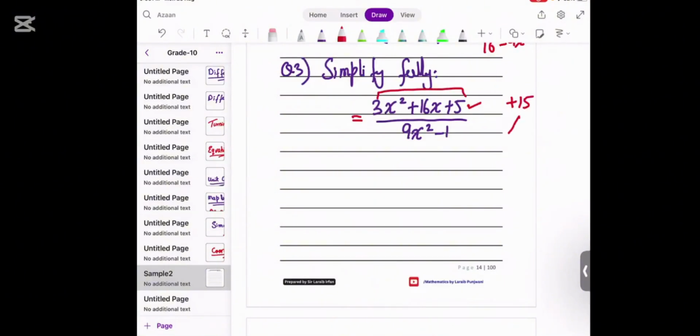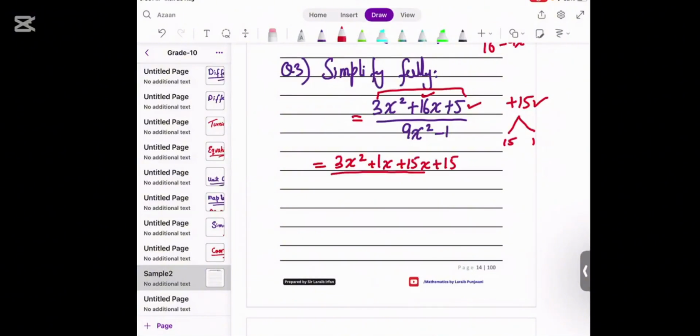Now we need to identify the two numbers that when we multiply become positive 15, and when we add become 16. So we have 15 ones are 15, and 15 plus 1 will be 16. This means I have solved the numerator, I have broken the middle value. So this will be plus 1x plus 15x plus 15.